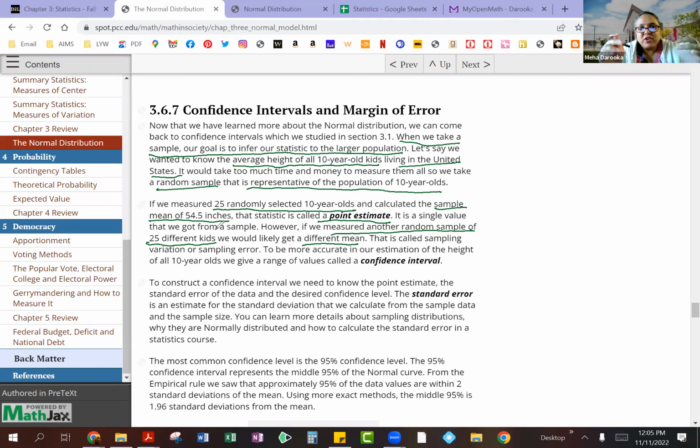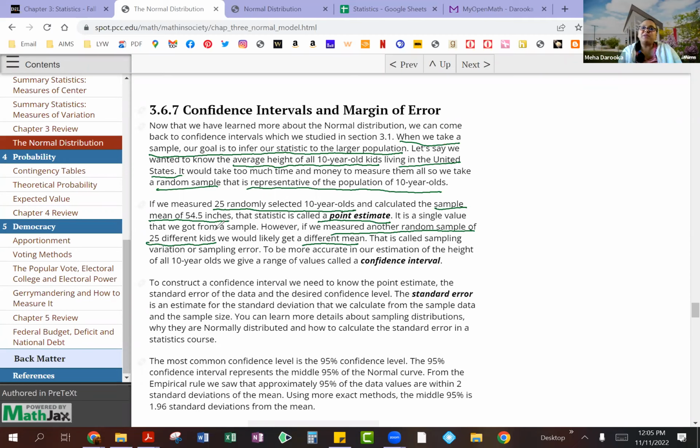And this is where, as we had discussed, sampling error comes into play, because when your sample changes, your numbers are going to change. So to get a more accurate estimation, and in this case we're talking about the height of 10-year-olds, this is why we do a confidence interval. Because of that sampling error, our margin of error is going to be whatever, 2 inches or 5 inches, whatever it comes out to be.